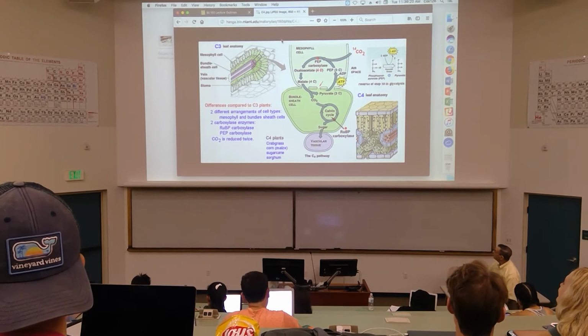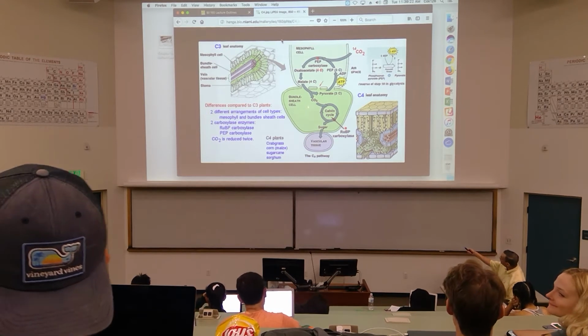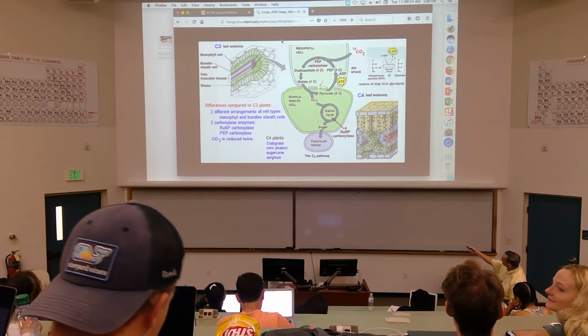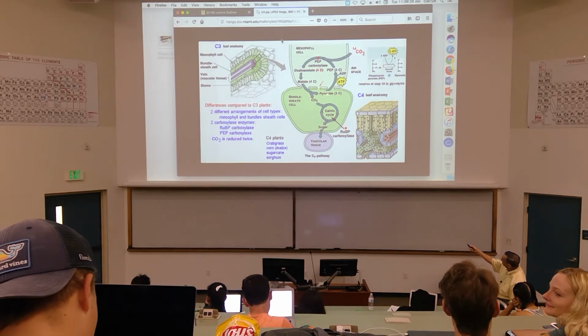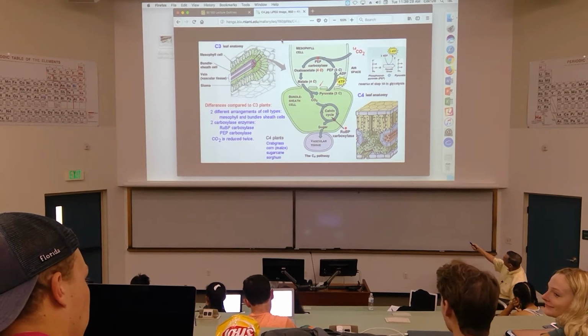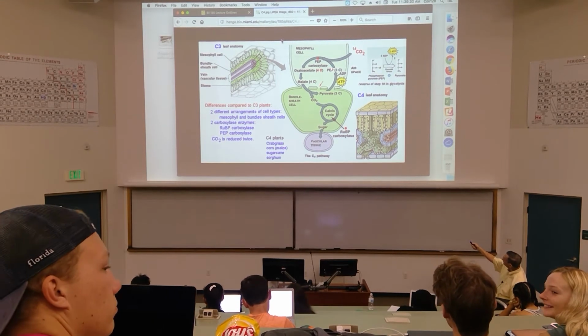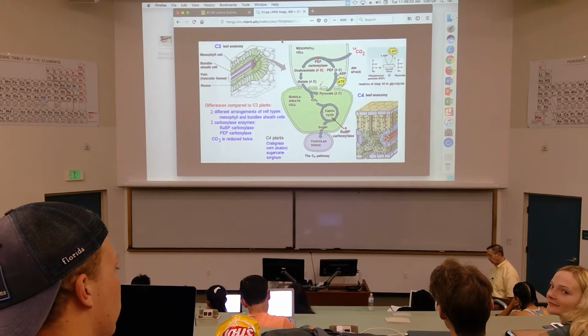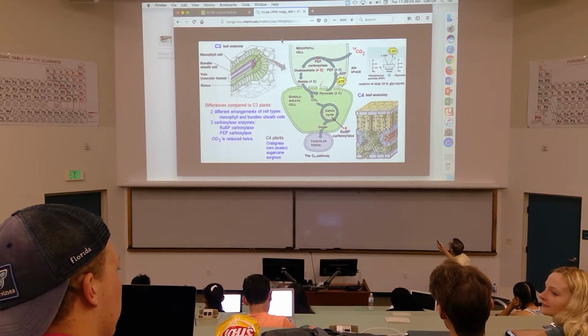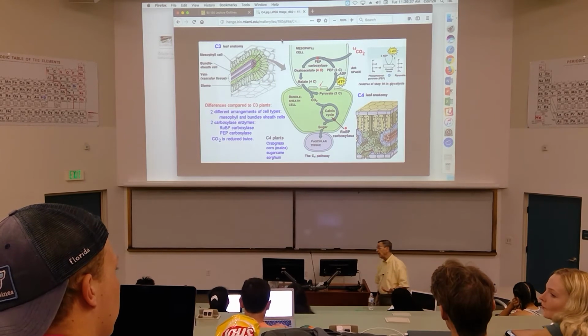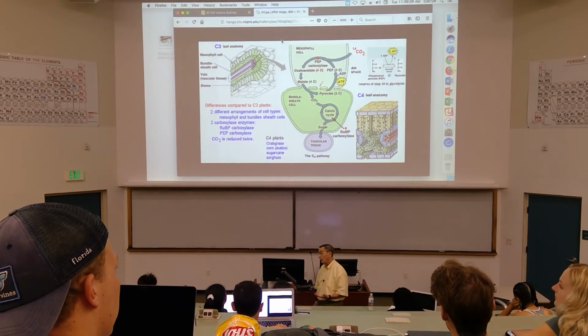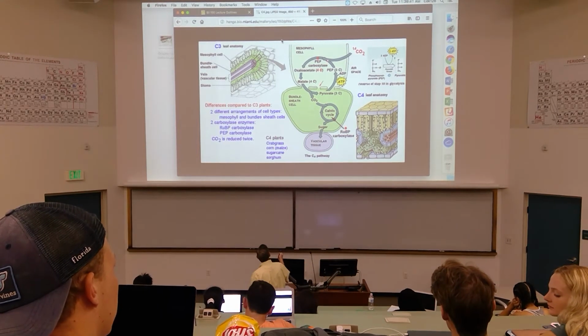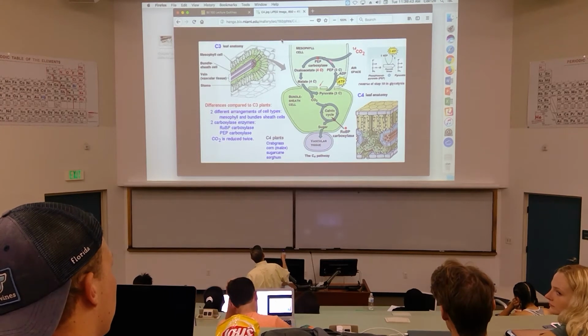And then that gets transported into this cell here, and it releases carbon dioxide, makes pyruvate, pyruvate goes back out, gets phosphorylated, makes phosphoenolpyruvate. Phosphoenolpyruvate is this molecule right here, which is step 10 in the glycolytic pathway. So you're reusing the same molecules again and again.